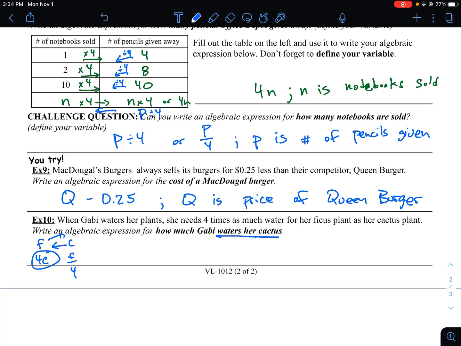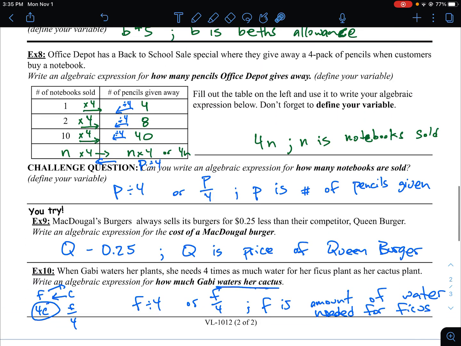So it should be ficus divided by 4, or F over 4, where F is amount of water needed for ficus. So F divided by 4 is how much she waters her cactus. It doesn't require as much water as her ficus.